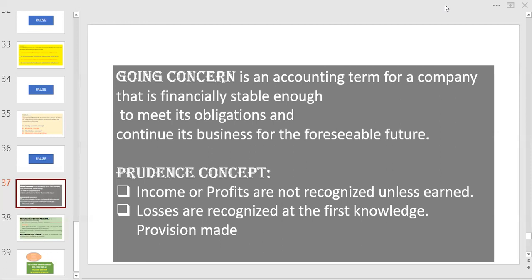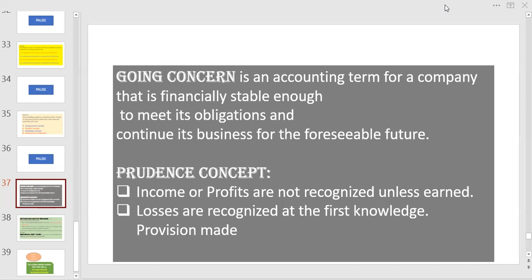Or sometimes there can be a heavy load of liabilities. The company is unable to meet its commitments. In such a time also, the company may have to be closed down. So that is also not a going concern situation.